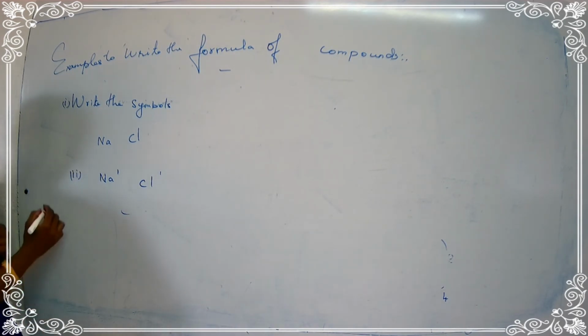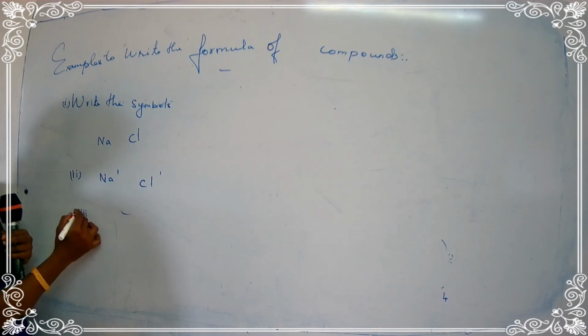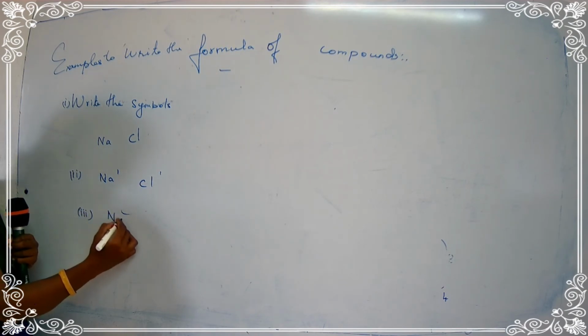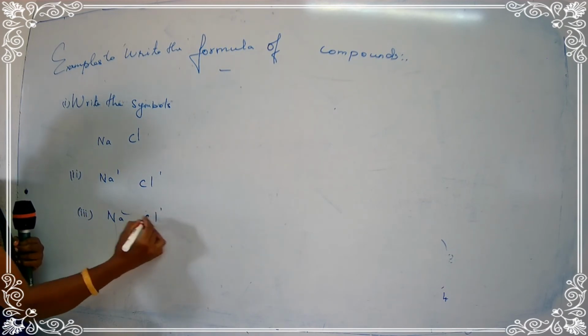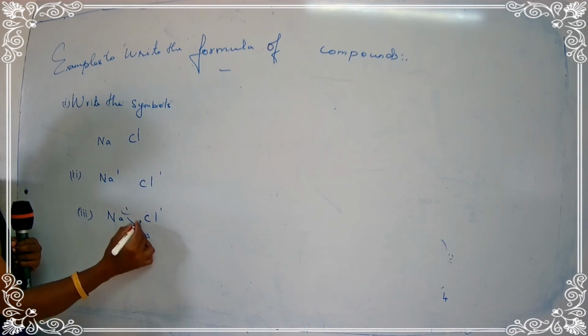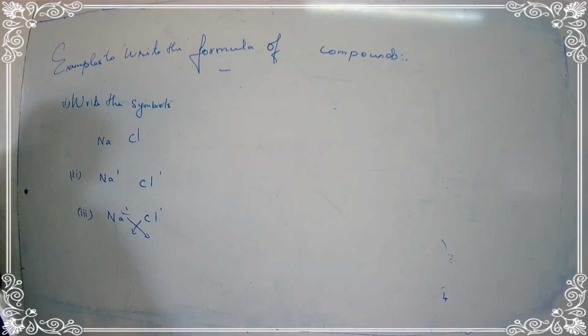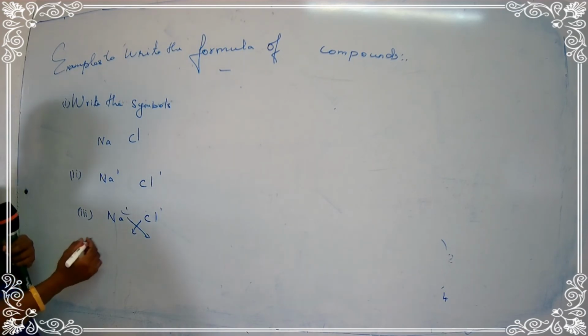Next, cross multiply the valence. That means NaCl. Yes, cross multiply. Now, what answer will come? The valencies are interchanged.